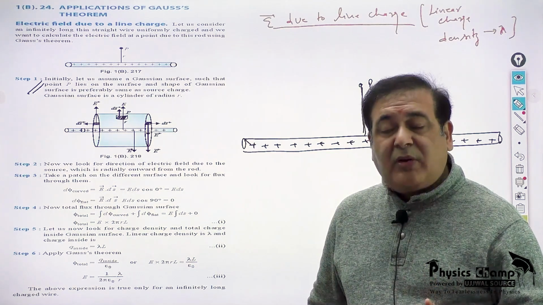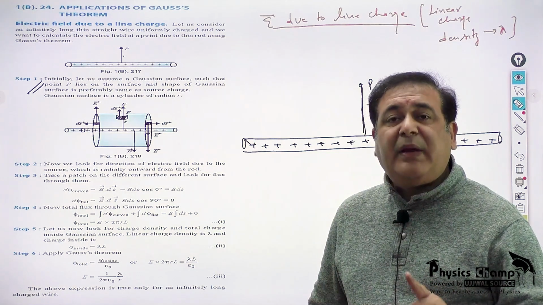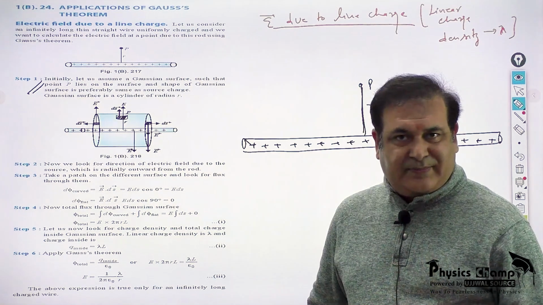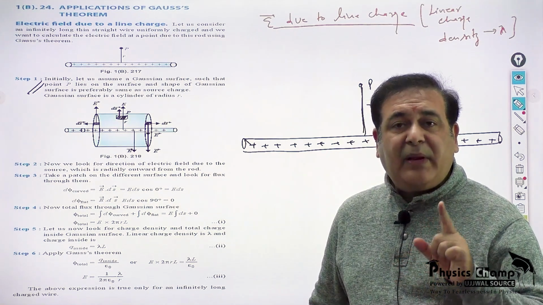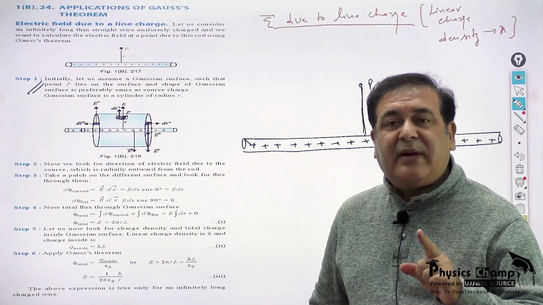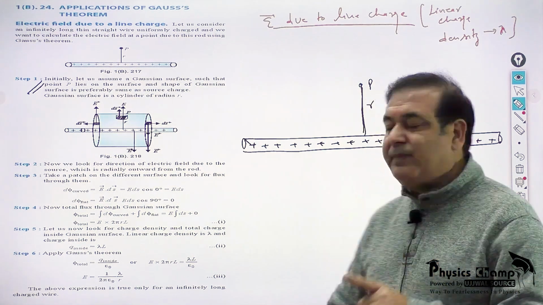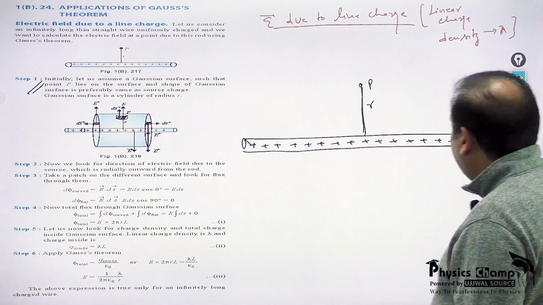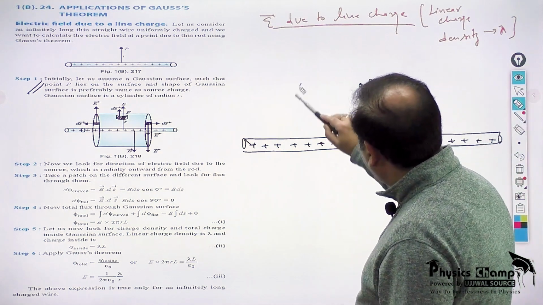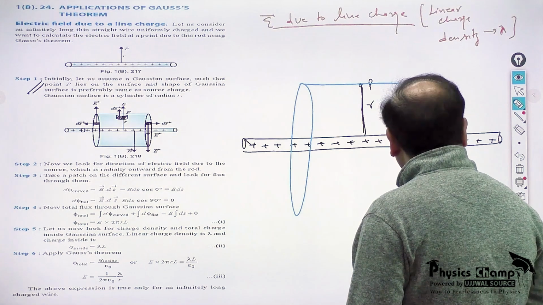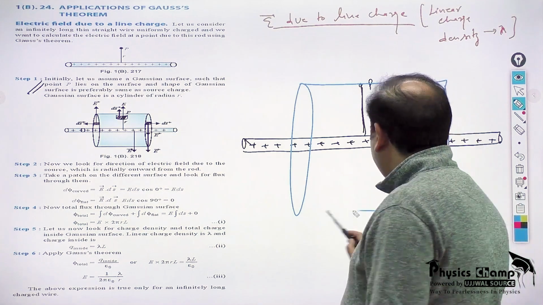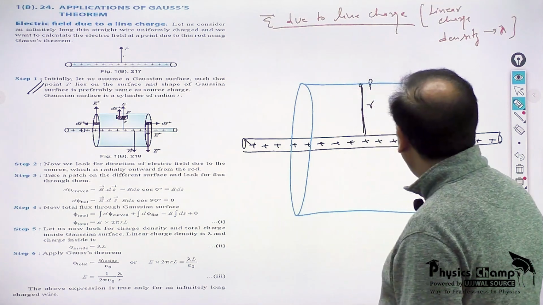So assume a Gaussian surface such that point P lies on it. The shape of the Gaussian surface should be preferably the same as that of the source charge. So here I assume a Gaussian surface which is a cylinder of radius r.